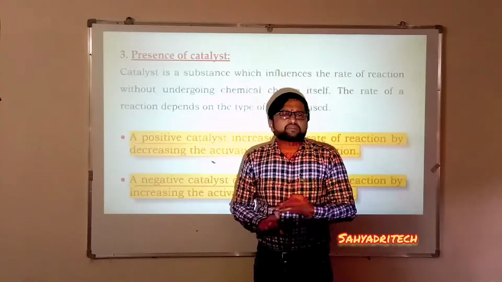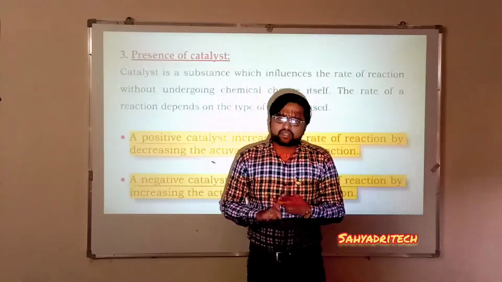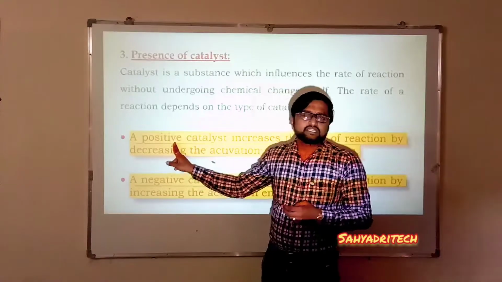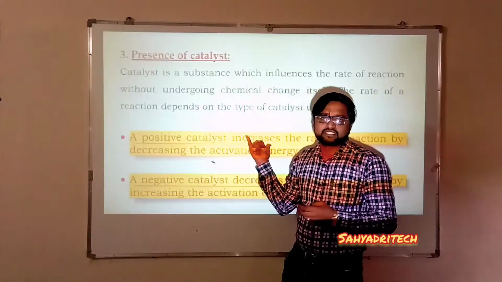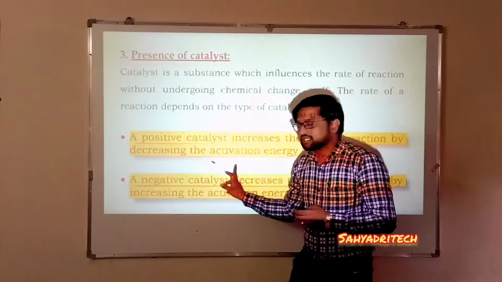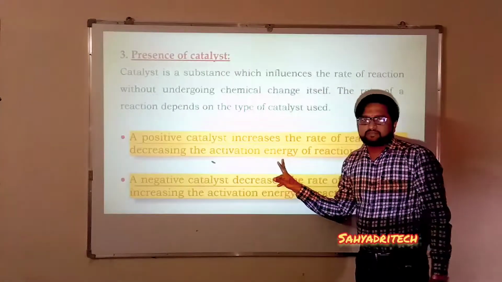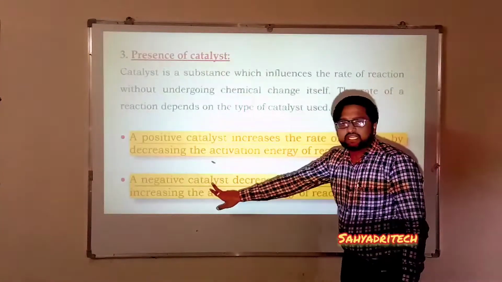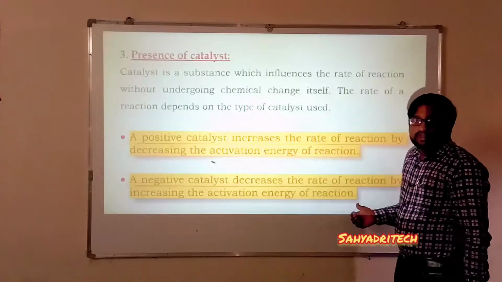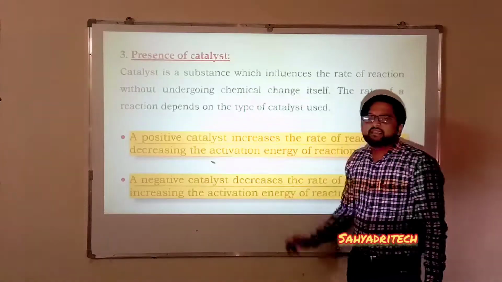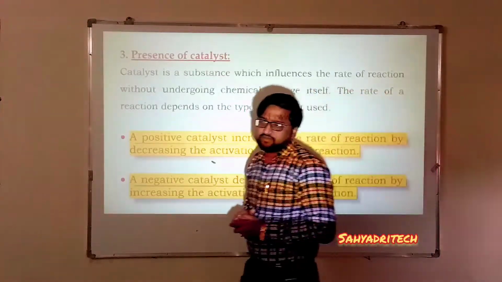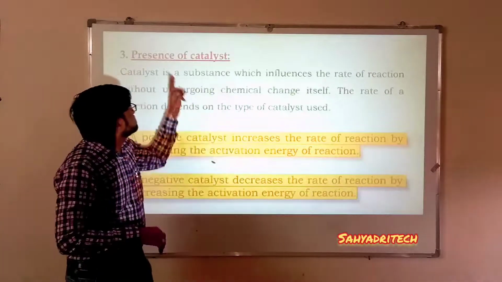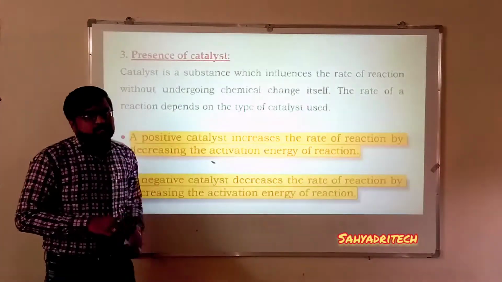There are two types of catalyst, positive and negative. A positive catalyst increases the rate of a reaction by decreasing the activation energy, while a negative catalyst decreases the rate of a reaction by increasing the activation energy. Well, it is regarding the third factor, presence of a catalyst.